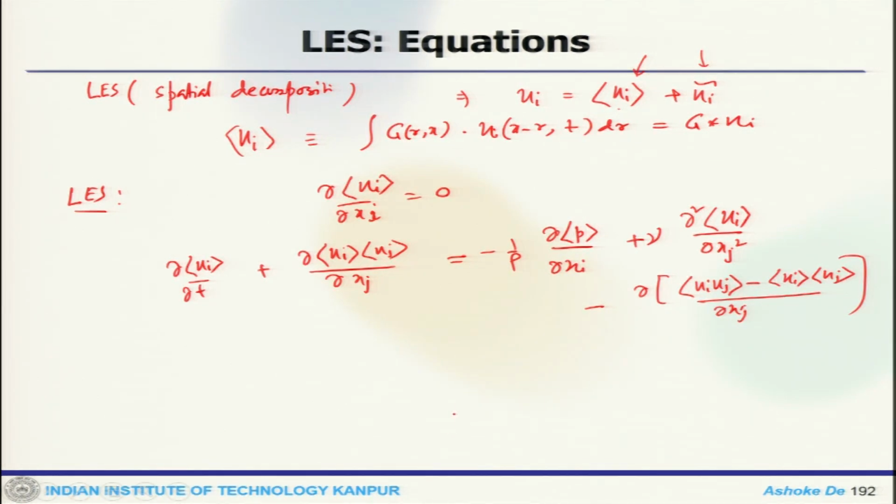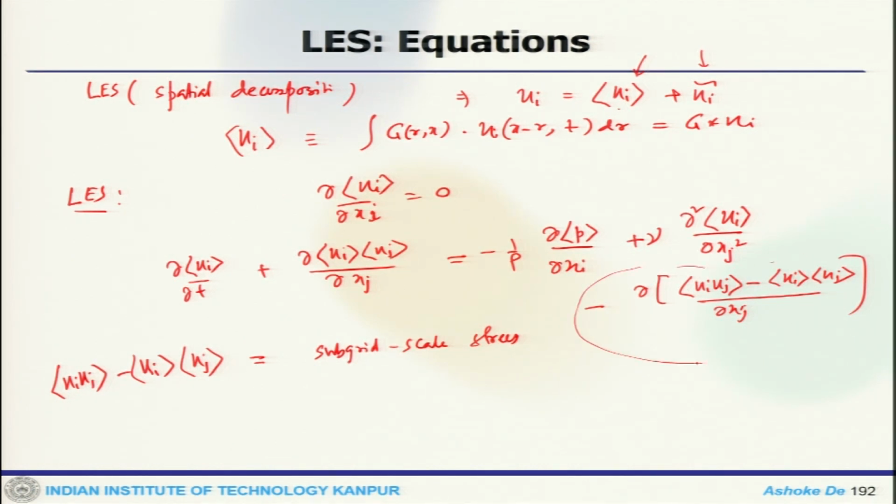This particular term, u_i u_j bar minus u_i bar u_j bar, is known as the subgrid scale stress. It comes from the small scale turbulent motion. If you look at the equation system, with continuity and momentum, this is the term which remains unclosed.